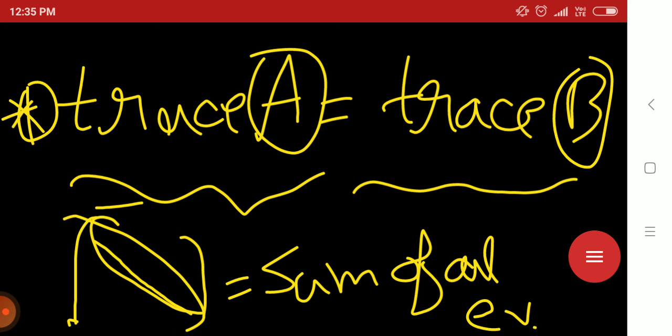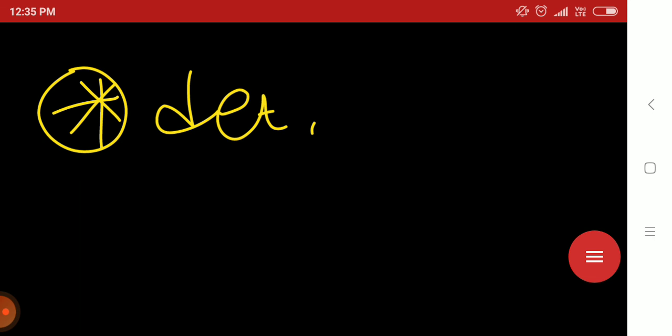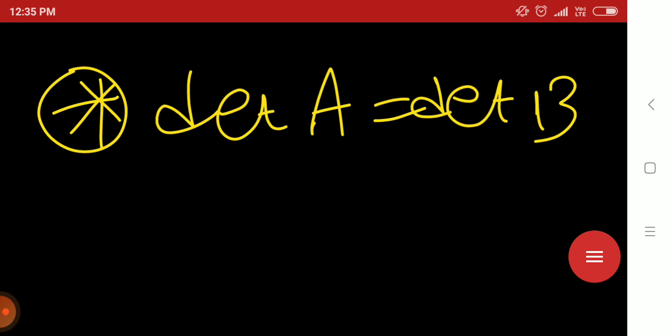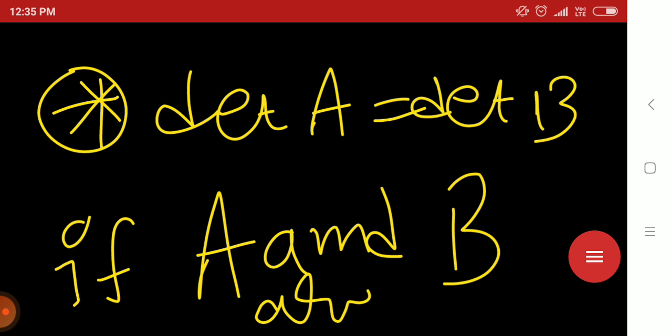So trace of A equals trace of B if A and B are similar. And another property is determinant of A equals determinant of B if A and B are similar matrices.